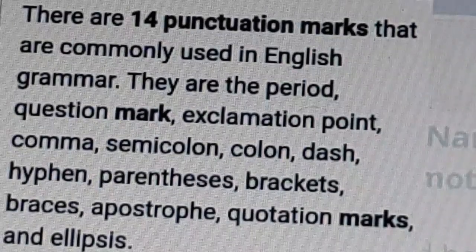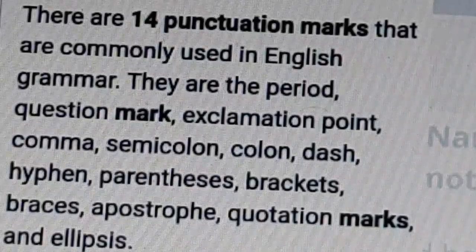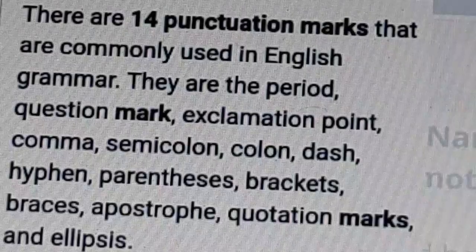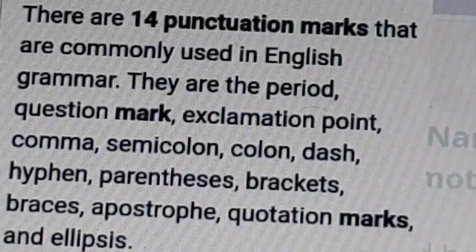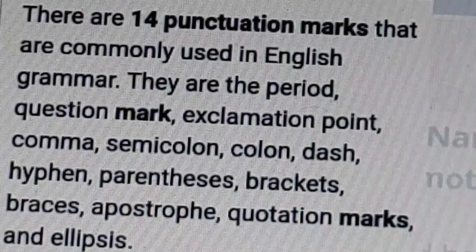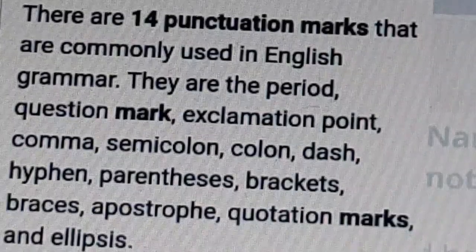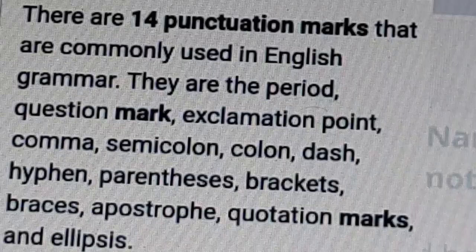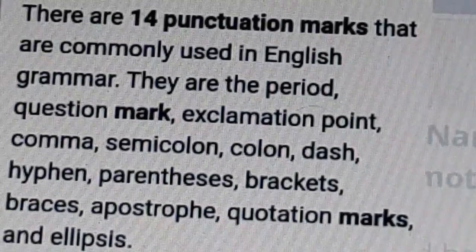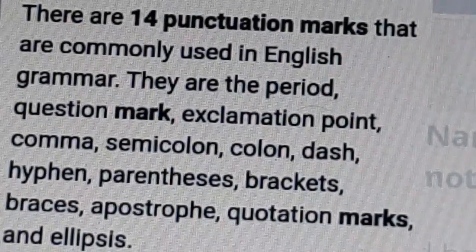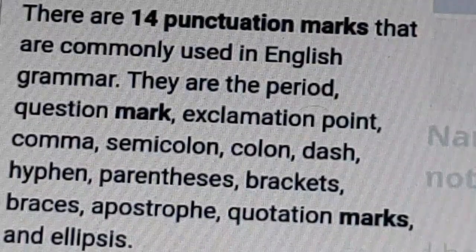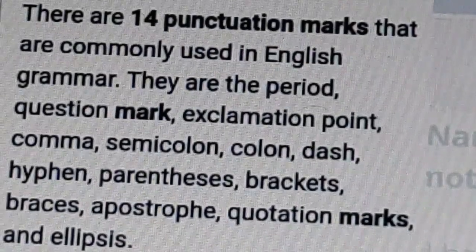They are the period, question mark, exclamation mark, comma, semicolon, colon, dash, hyphen, parenthesis, brackets, braces, apostrophe, quotation marks and ellipses.